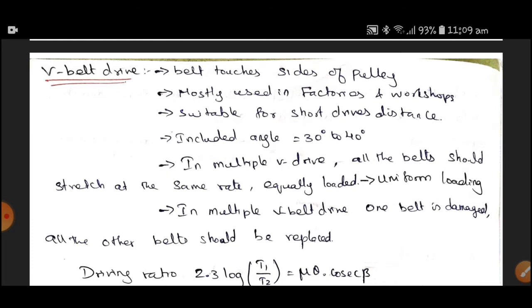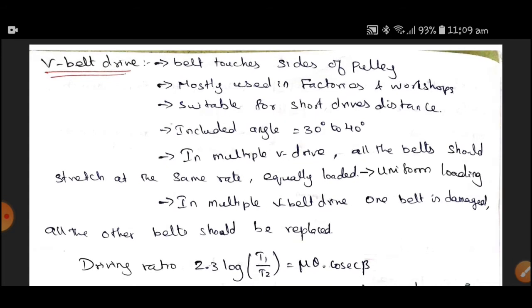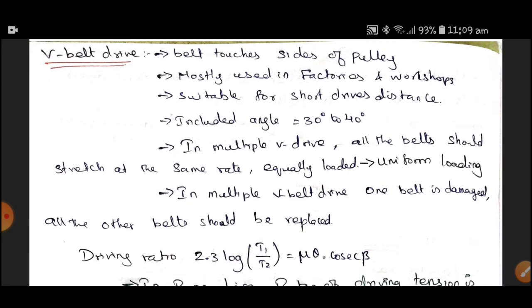The belt touches the sides of the pulley only, whereas in the flat belt drive, the bottom side of the belt will always sit in the pulley. Therefore, the flat belt drive is having a lower pair, whereas the V-belt drive is having a higher pair.